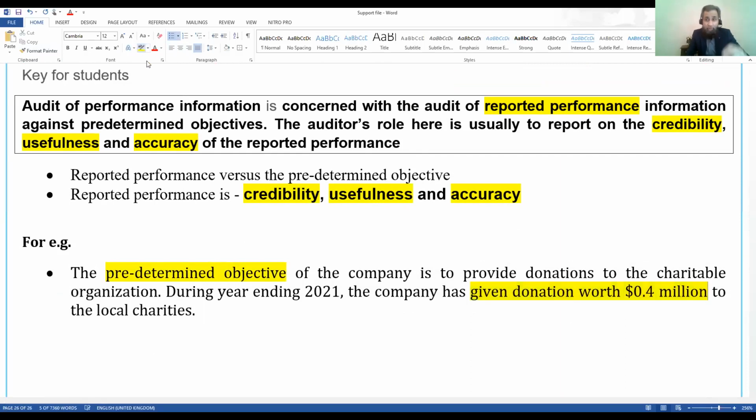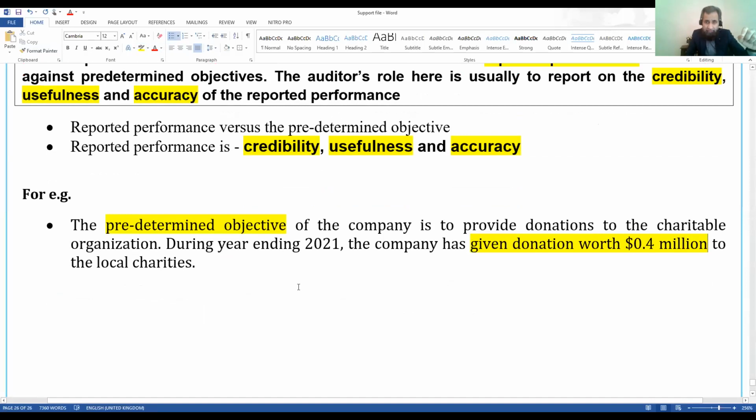0.4 million. Now, is 0.4 million credible, useful, and accurate? So auditor needs to be concerned about, is 0.4 million credible? Or is the management making a fake statement? Is it credible and accurate? So what will the auditor do then?